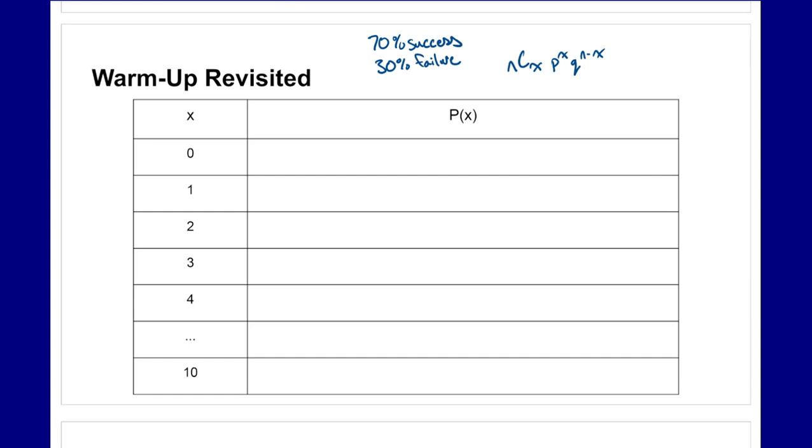If I have 10 people being selected, I could have the drug working on anywhere from 0 to 10 people.